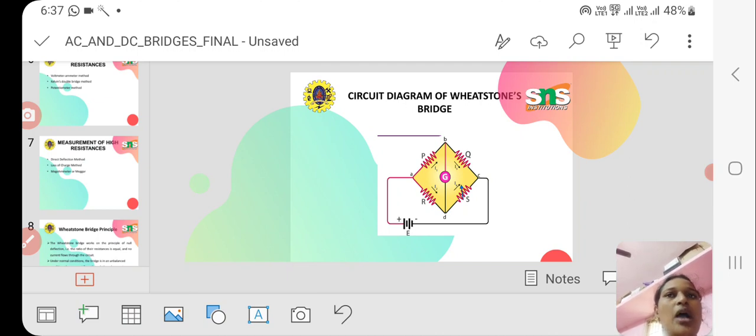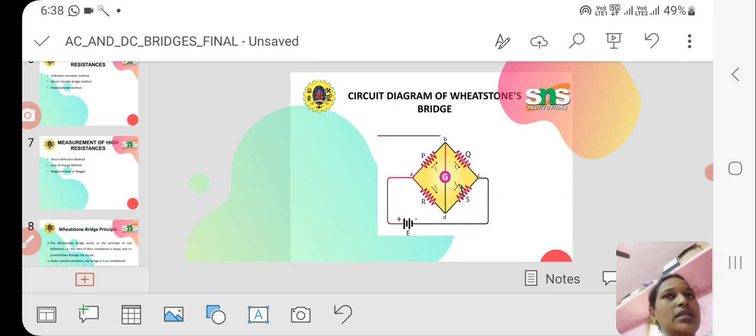Now let us see how the unknown resistance can be calculated in the balanced condition of a Wheatstone bridge. In the absence of any current through the galvanometer, the bridge gets balanced. In other words, the bridge gets balanced when the voltage differences at points B and D are equal, thus providing zero voltage across the galvanometer. The sensitivity of the Wheatstone bridge is defined as the deflection in the galvanometer per unit current.